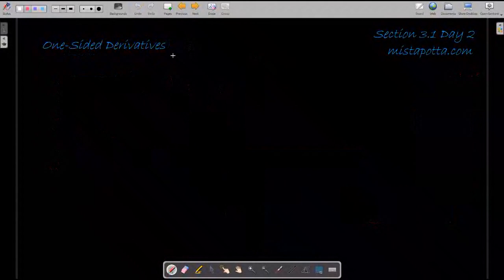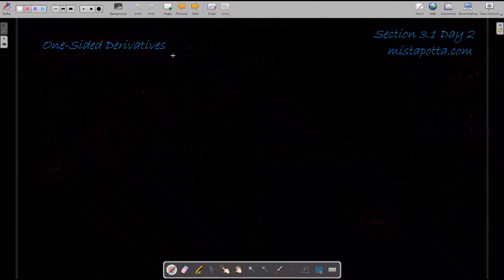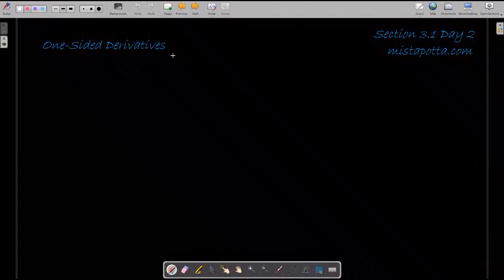Now, just as we talked about continuity from an endpoint, we can also talk about what the derivative is behaving like at an endpoint.